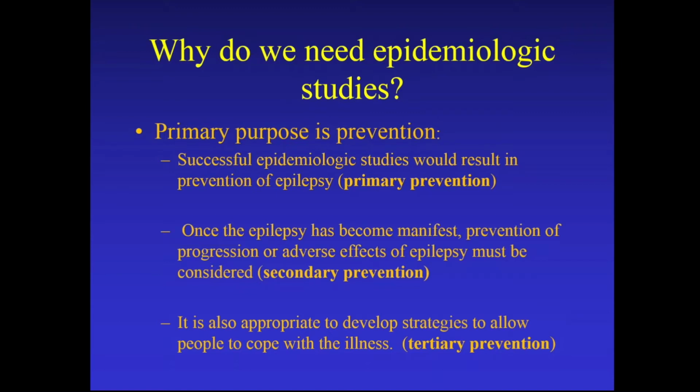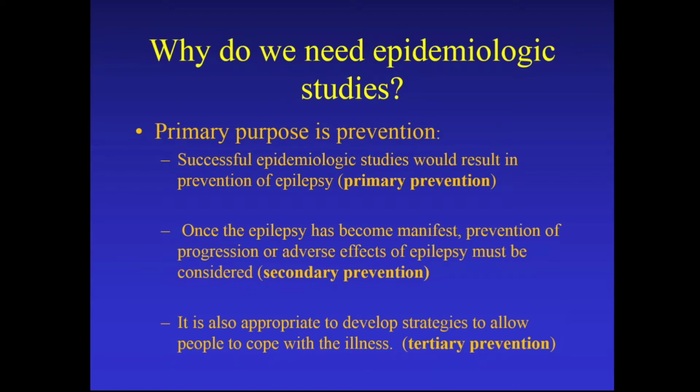Once epilepsy has become manifest, the epidemiologist is interested in prevention of the progression or the occurrence of adverse factors associated with the disease. That's secondary prevention. So we would like to keep things from getting worse.